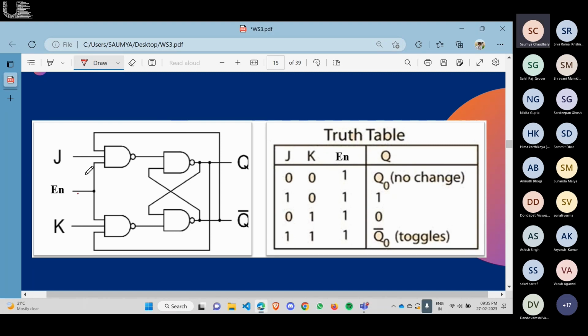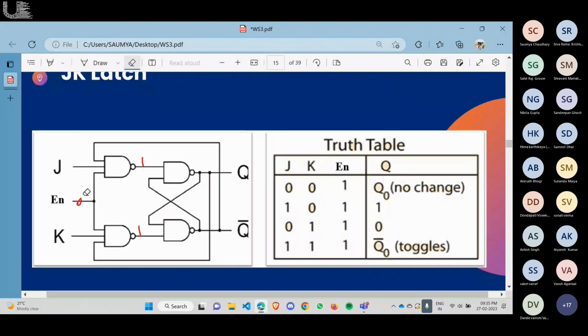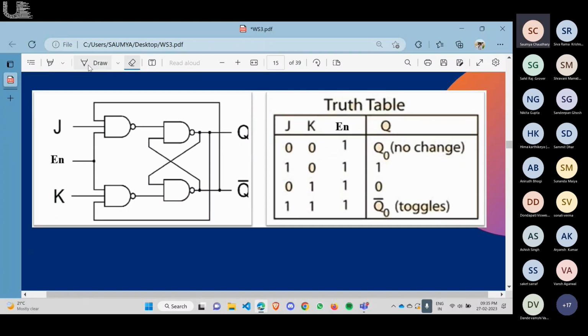Let's say the enable is 0, then it will remain as the previous state. The output will be the previous one, there will be no change.